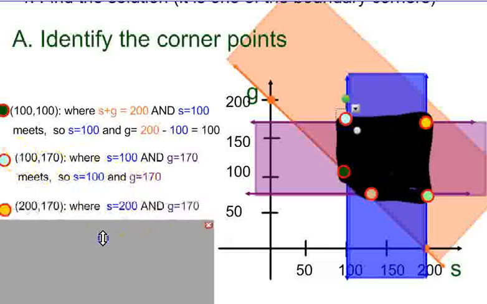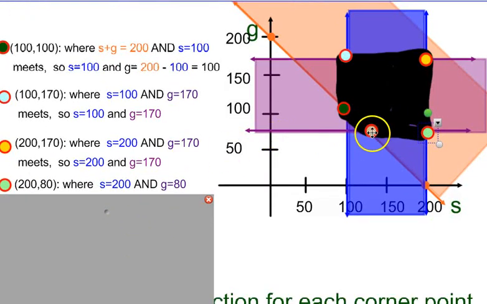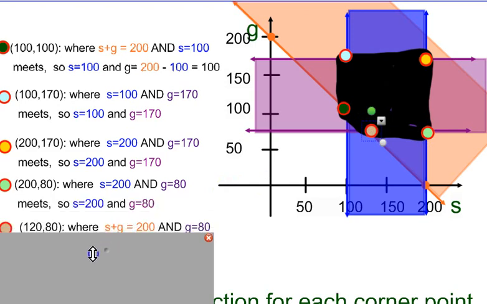So we go around to each and every single one of these corners and figure out its S and its G coordinate, and we can do that based off the constraints. And here we get 200 and 170. Here we get 200 for S and 80 for G. And then last but not least, for this one, it intersects the purple line, where G is 80, but then it intersects the orange line, which is S plus G is equal to 200.